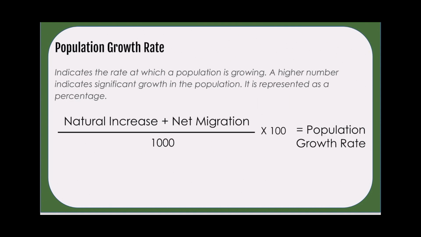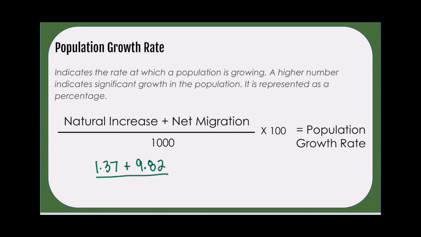With population growth rate, what we're looking at is the rate at which a population is growing. So we're going to bring over our natural increase and our net migration totals from the previous slides to try and calculate this. So our natural increase answer was 1.37, and then we're going to add to it our net migration, which was 9.82.